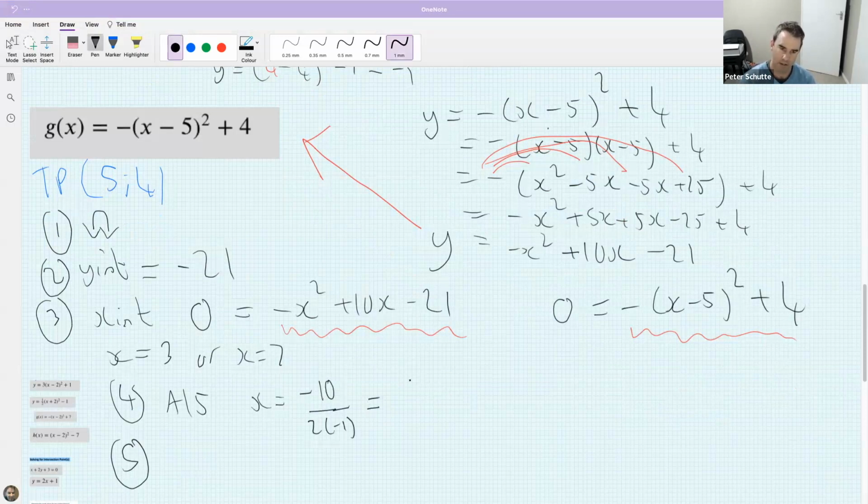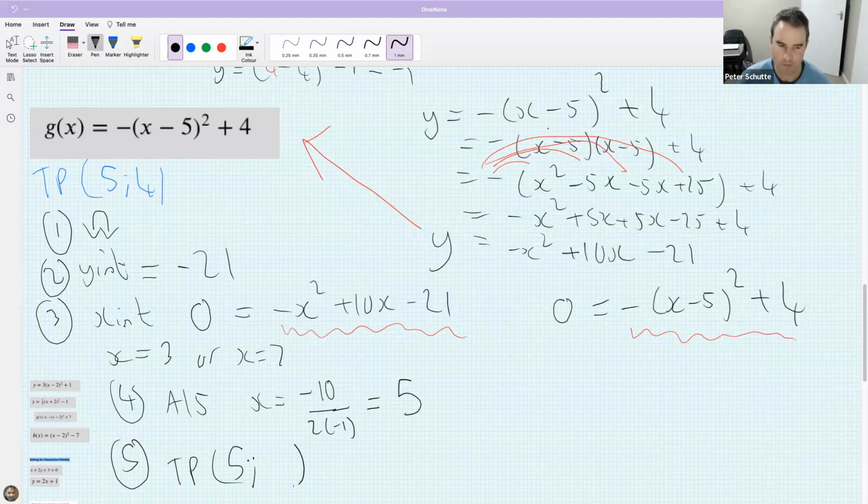So it does appear to be 5. Yep. And what's my turning point going to be then? Or what's the y value going to be that goes with the 5? Okay, and I suppose some of you can kind of sneakily see this. You can see it's going to be 5, 4.